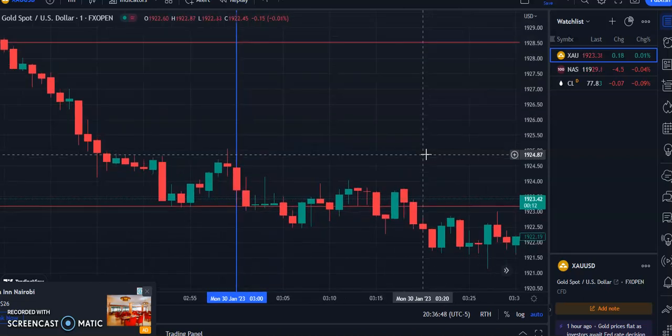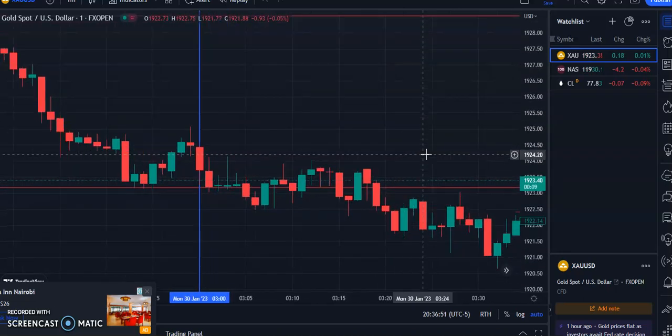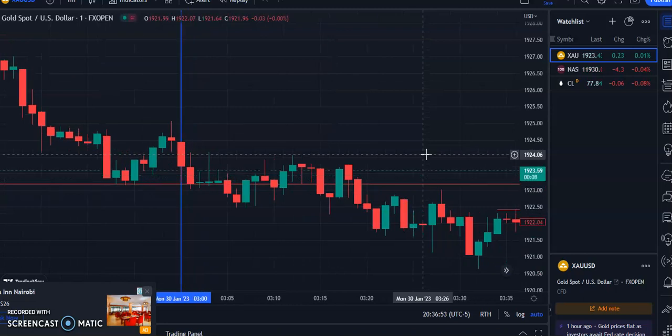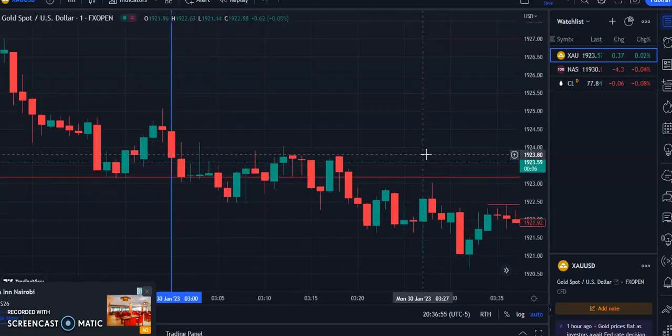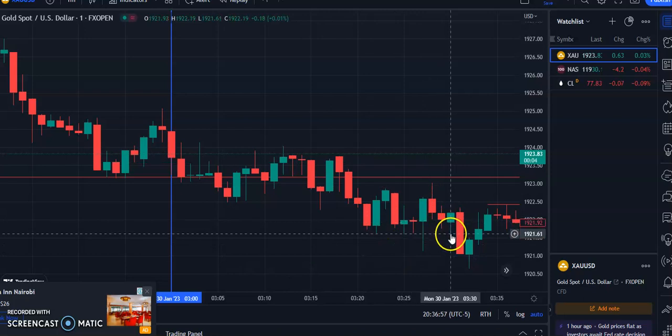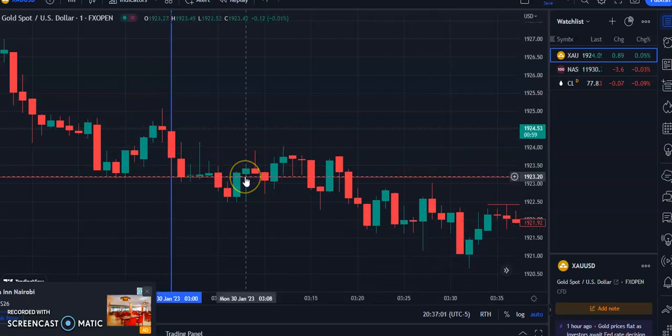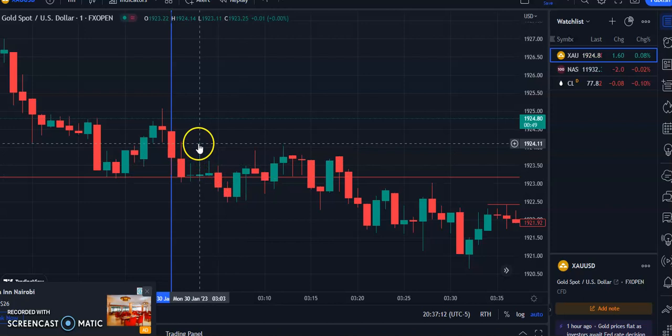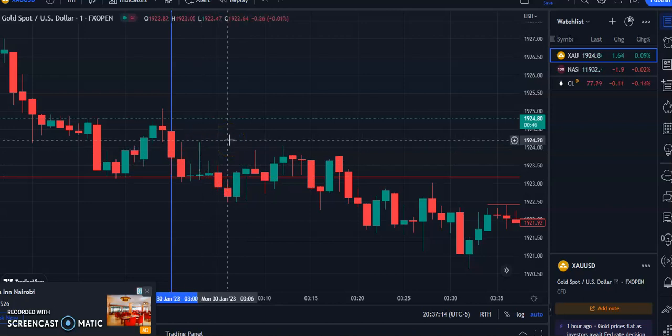So at 3:30, now things start to shift, because if you are looking at this market in live time, there were a lot of traders who were trapped yesterday, because all these candles, the way they were forming, were very strong.